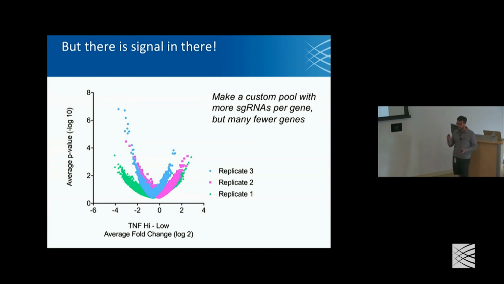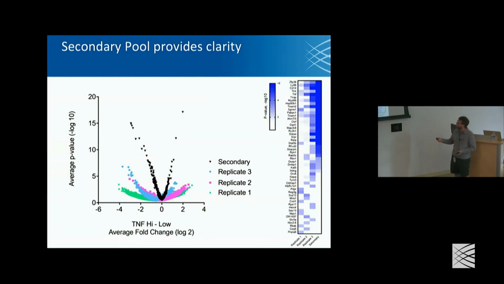And now when they did this, because they could get far higher representation, because their library was much smaller, the secondary screen and assay was very, very clean, and they got really, really significant p-values from their screen. And you can see that in this heat map on the right here, where the first 3 columns are replicates 1, 2, and 3, and the p-value of the different genes.